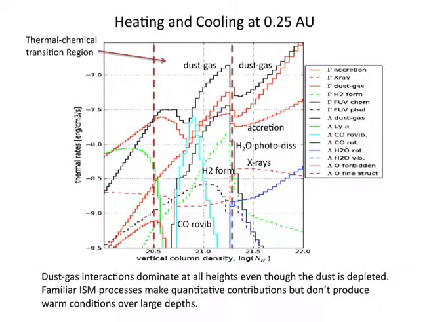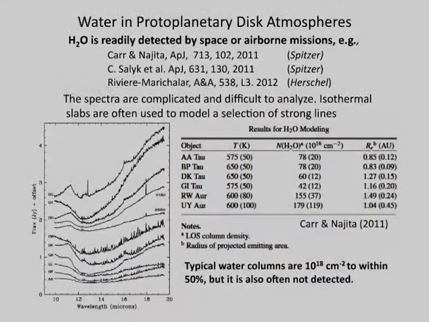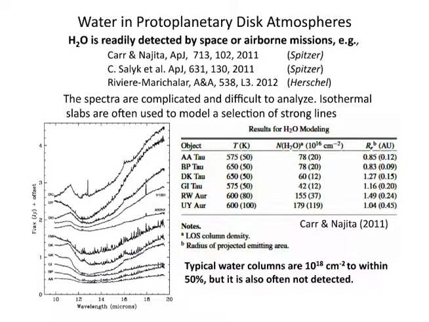And the black one at the top is this dust-gas cooling formula, which I just mentioned, that I'm not all that certain about, but have made a best guess as to what it is. So in any case, what happens is that in different regions, different processes are important, but it turns out that these macroscopic formulas that I've discussed, such as accretion heating and dust-gas cooling, play a role all the time. And the last part of my talk has to do with water.